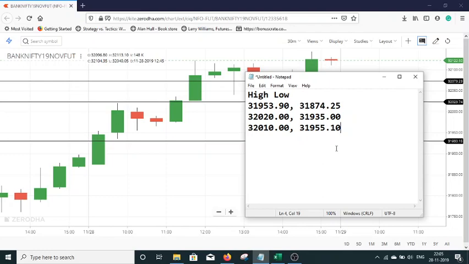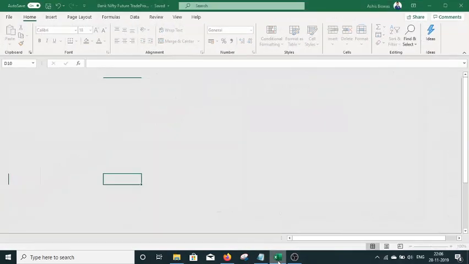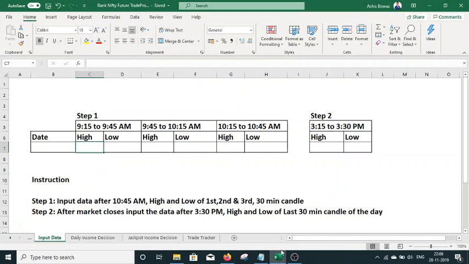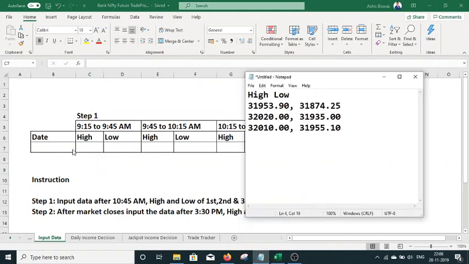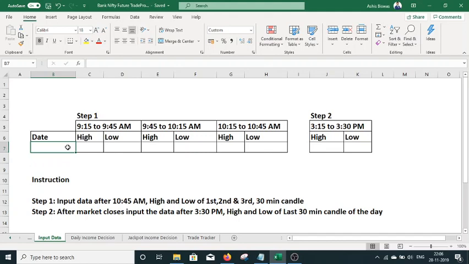Every day at 10:45 you have to put down this data into this Excel sheet. Let me put the date first. It is 28/11/2019.